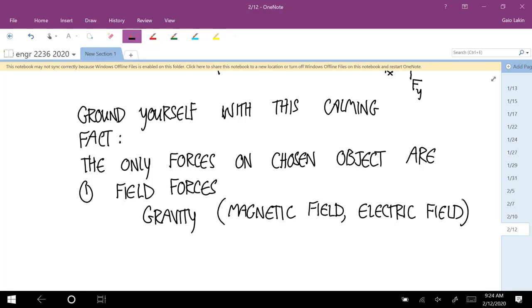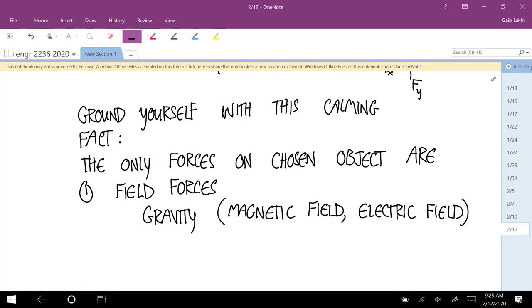Not all forces work that way. Like friction force, is it enough for me to specify that this stapler is going to be at this point to know what the friction force is? No, because if it's sliding to that point this way, the friction force is that way. If it's sliding this direction, it's the other way. So most forces don't have that property where the location is enough information.